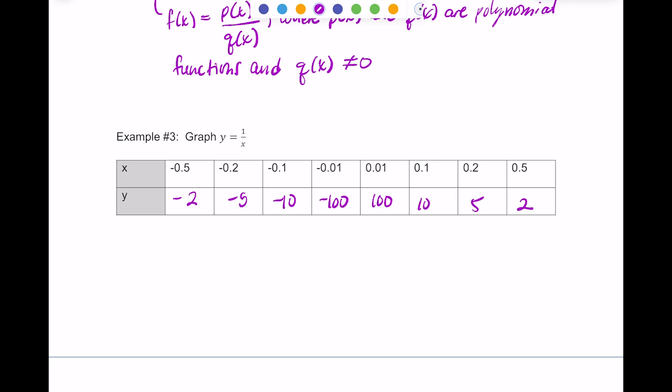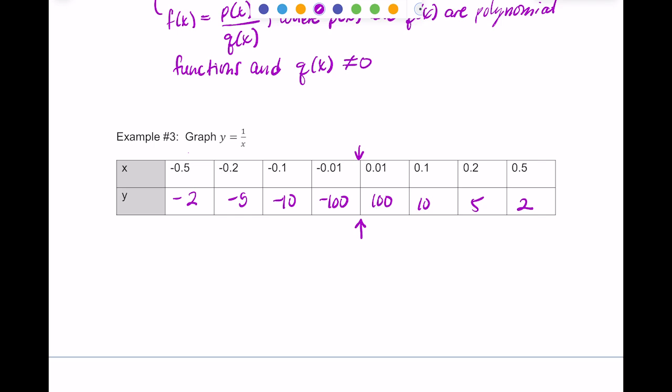If you take a look at this table, right here in the center, two things are happening. First of all, if you look at the x's, as you're going this way and this way towards that arrow in both directions, x is approaching 0.